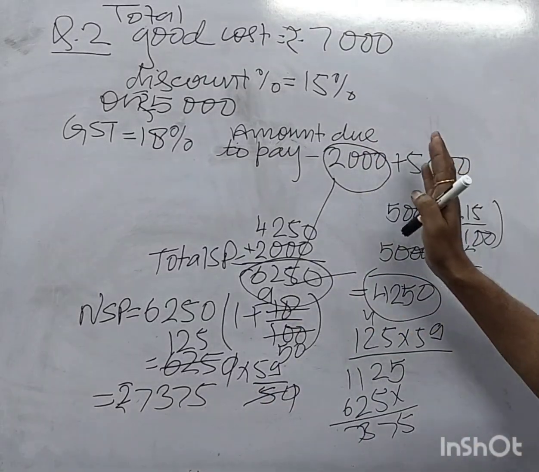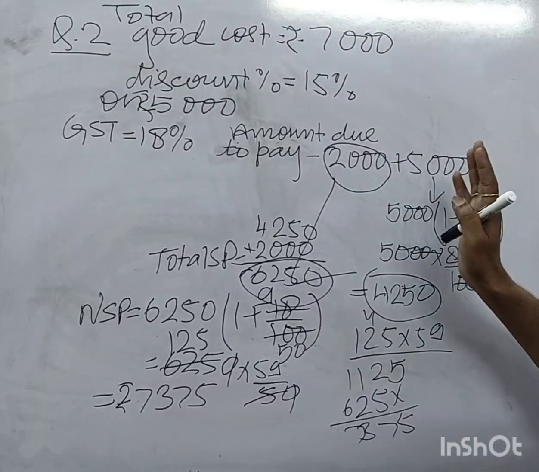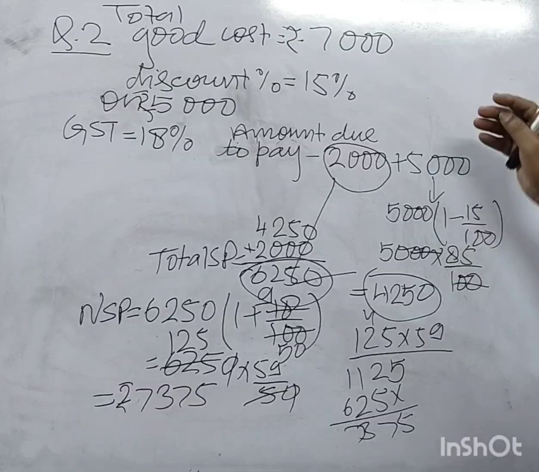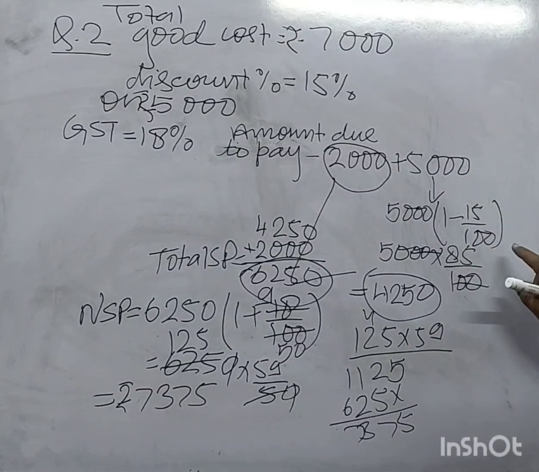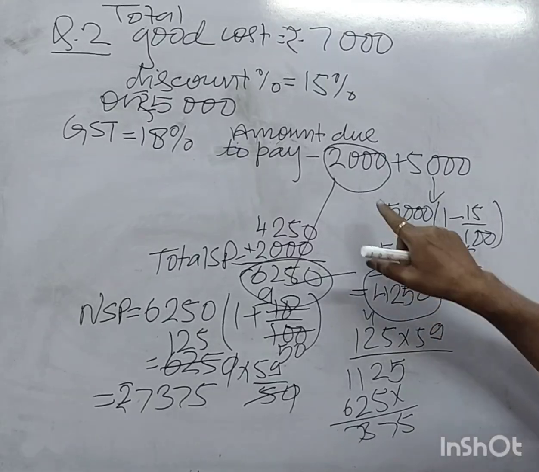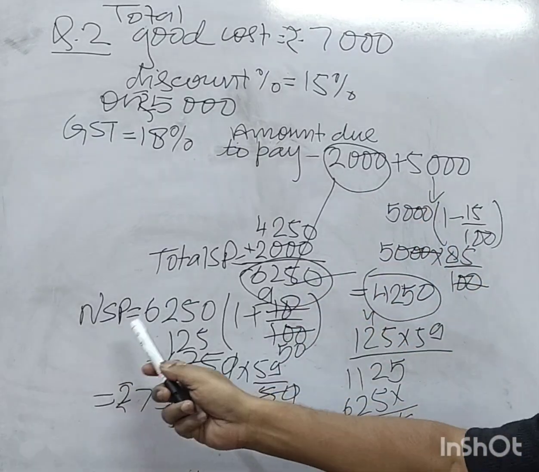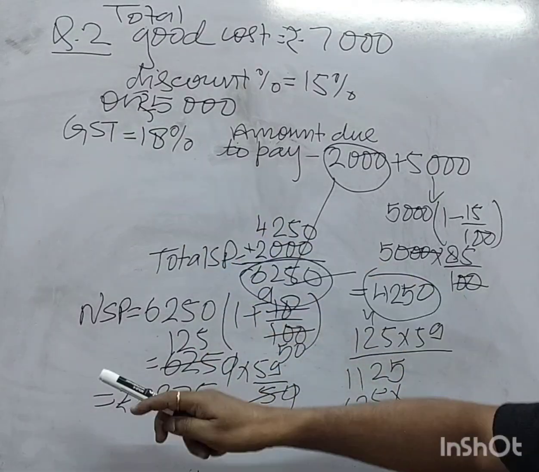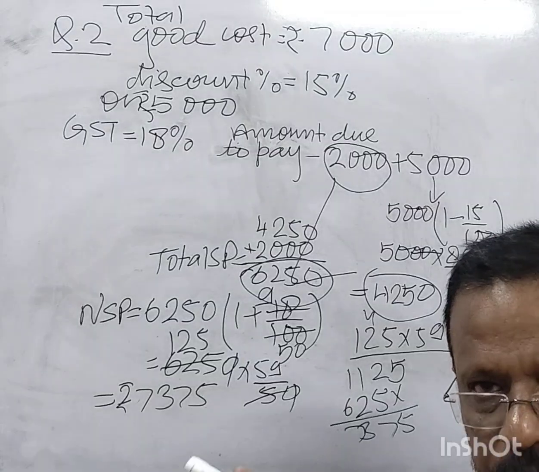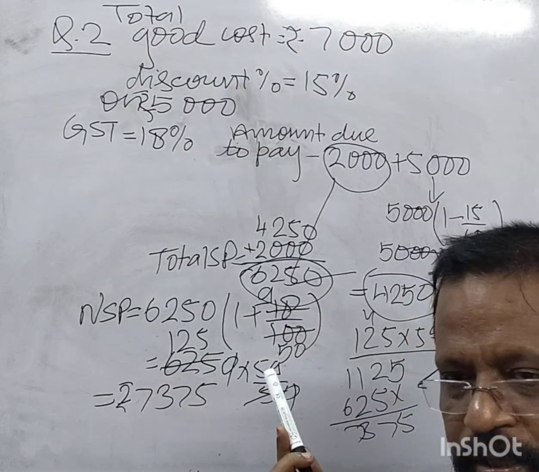So we divided it. 2,000 is excess. We have taken 5,000 break into 2,000 plus 5,000. On 5,000 we gave 15% discount and we get 4,250, that is added to 2000, that is 6250. Now GST is given 18%. When we applied GST, then we get 7375. So net amount she has to pay including tax is 7375.